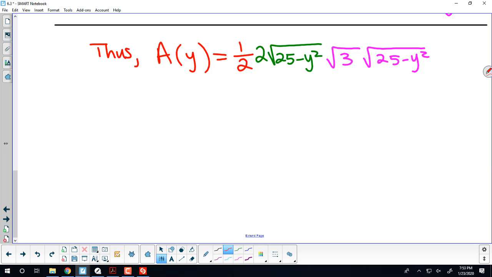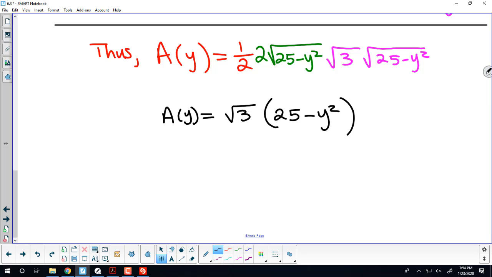We've got root 3 times 25 minus y squared. So that's the area function. We need to integrate that function.